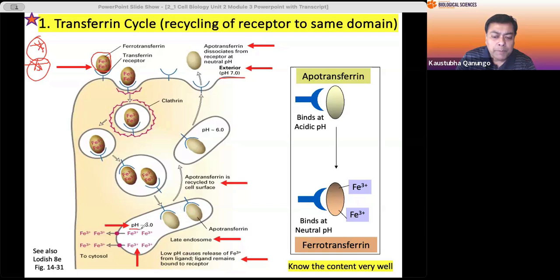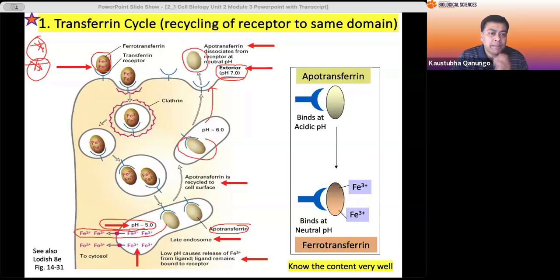In the endosome, the pH drops to pH 5, and the iron is released from the ferrotransferrin, and now it becomes apotransferrin. This apotransferrin goes through the vesicle and is recycled back with the receptor all the way to the plasma membrane. And now at pH 7, the apotransferrin is released from the receptor to catch more iron. This is the entire cycle.